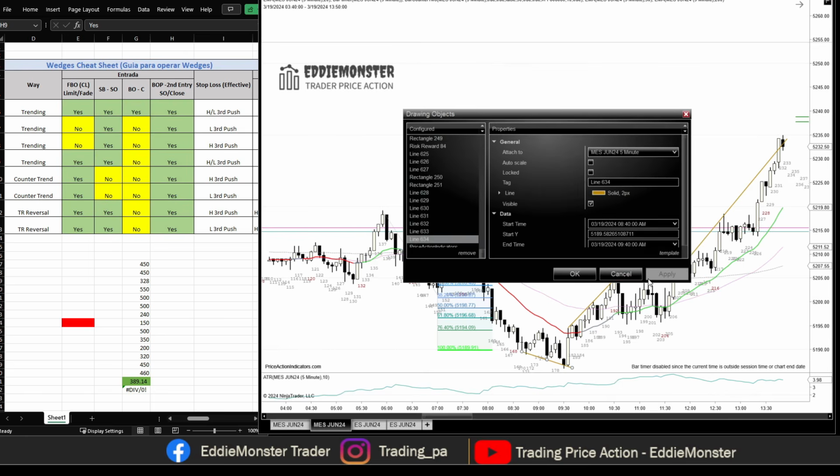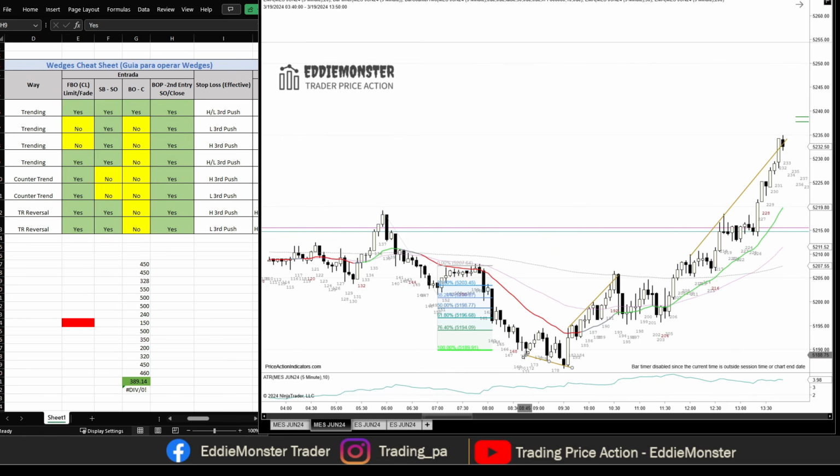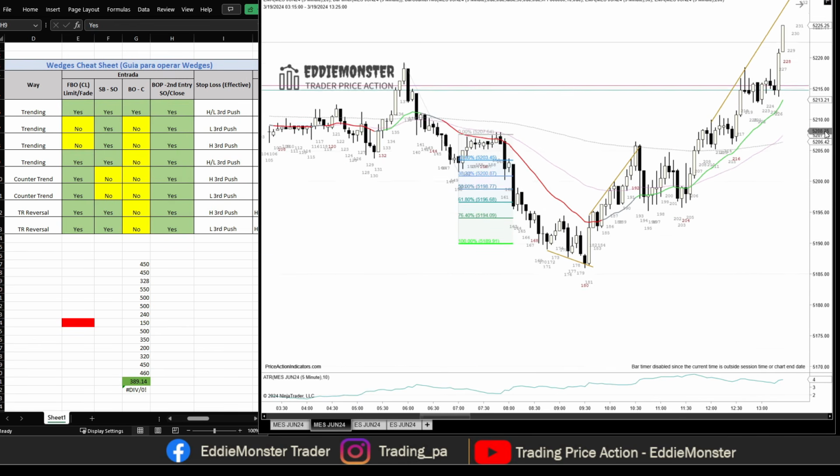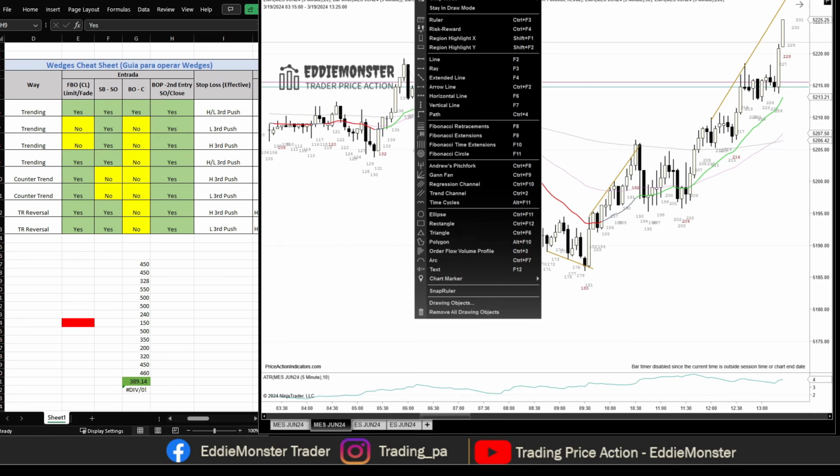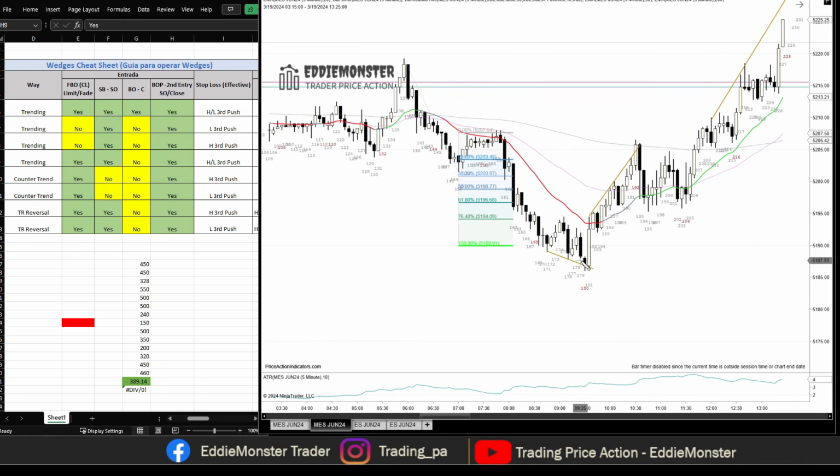And channel in a wedge bottom. 1, 2, 3. So if you make this a perfect wedge here, look at this. If you get this in the channel line here, you have the low for the day, right? That's the low of the day.